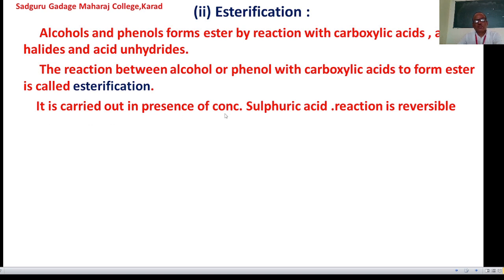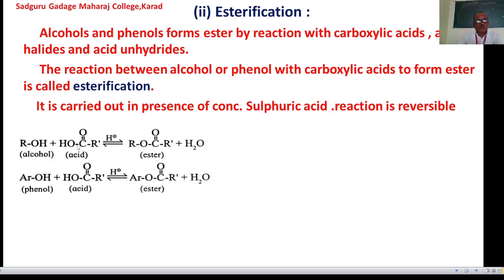It is carried out in the presence of concentrated sulfuric acid, and this reaction is reversible. Consider these reactions. Here the alcohol ROH plus acid RCOOH, in a reversible reaction in the presence of H plus ions, meaning concentrated sulfuric acid, gives an ester, ROCOR dash, plus H2O.